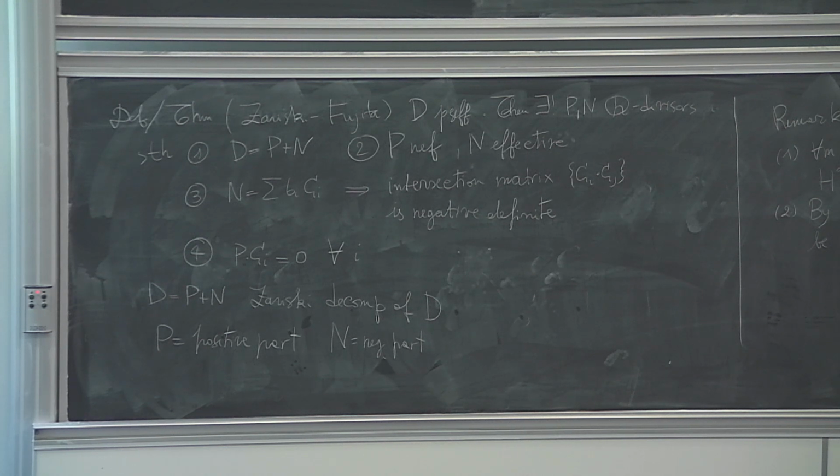And well, just maybe more obvious remarks. If D is nef, by uniqueness, D equals P, and then also the self-intersection of P is not negative.